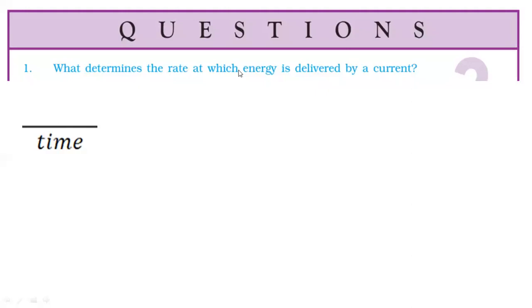The rate I have written as divided by time, at which energy, so energy has to be written in the numerator. So let me put energy and time. Now this formula looks like energy by time. Have we seen any quantity which looks like this? Energy by time.